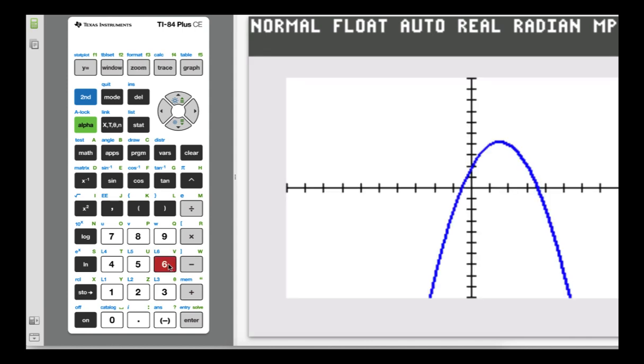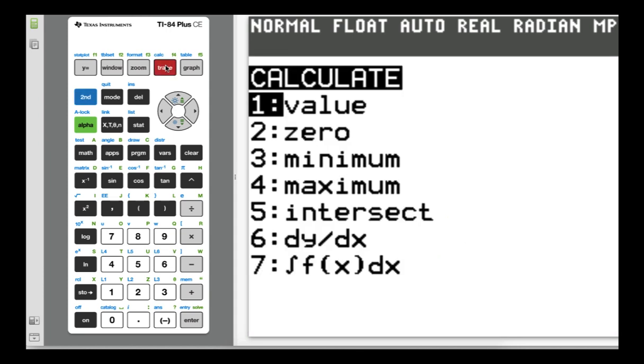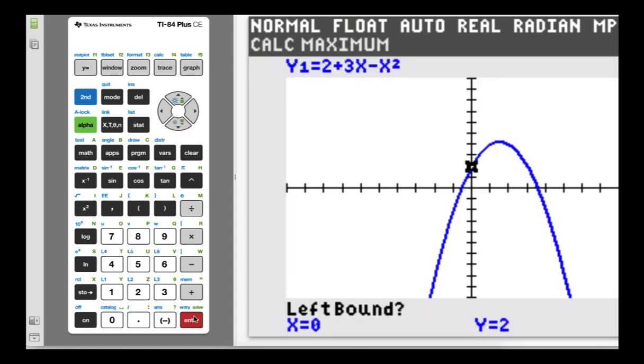There's our parabola. Boy, that sure does look good. That looks like it is topping off at 1.5. Let's check it out. Second calc maximum. And unbeknownst to normal calculator users, what this does right here when I hit enter is it's going to take the derivative of this equation, set it equal to 0, and spit out an answer.